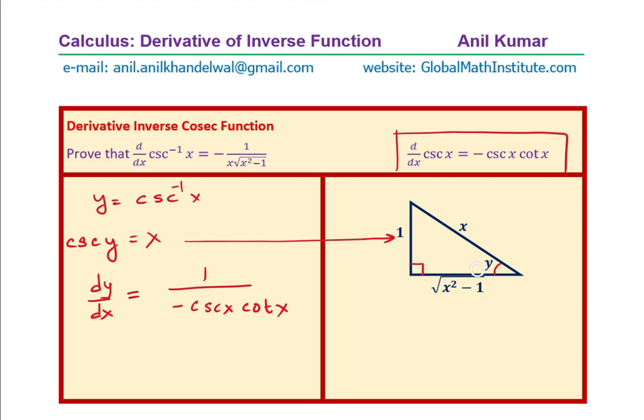And now from here, substitute the values. Perfect. So we know we are doing the inverse, so we will write here minus cosecant y cot y. Correct? We are doing the inverse. So in the function, x becomes y. So that is why we get cosecant y cot y.